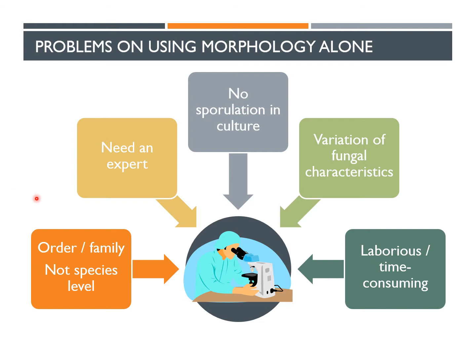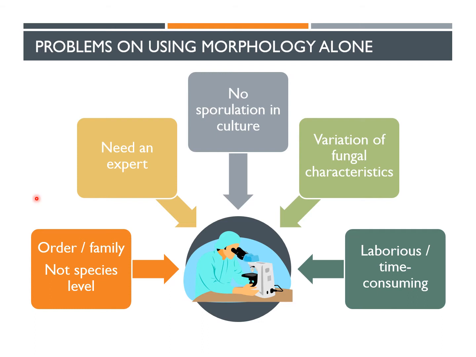As I told you earlier, there are several problems of using morphology alone in identification of fungi to the level of species. These problems are, for identification using morphological characters, you will be able to identify the higher levels like order or family or genus level, but not into the species levels.